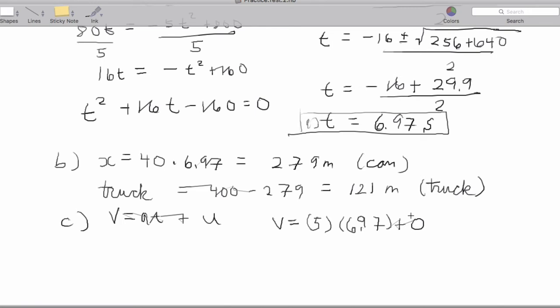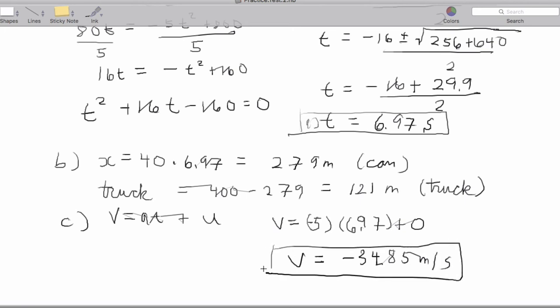And that's going to give me a speed of the truck. And I guess we could put a negative sign here if you want it to go backwards. So negative 34.85 meters per second. So that is question number 8.